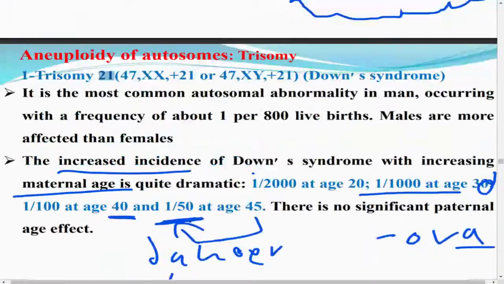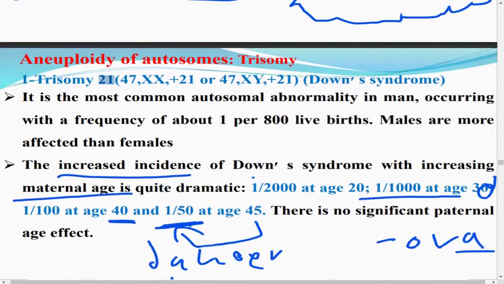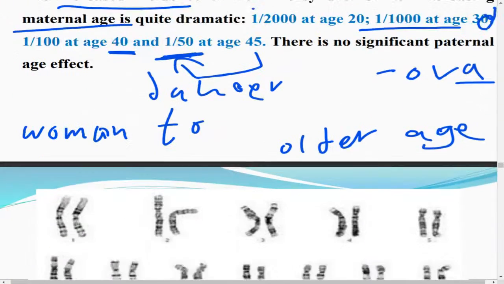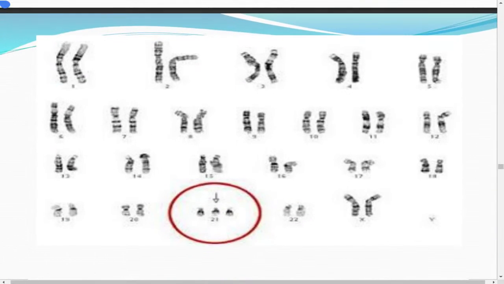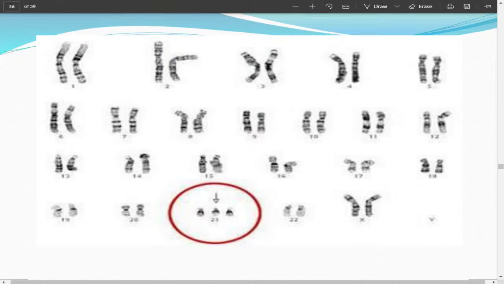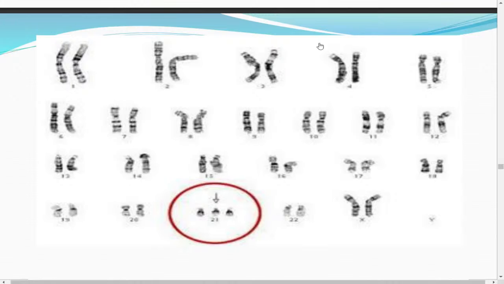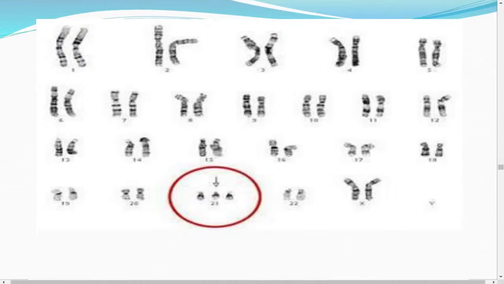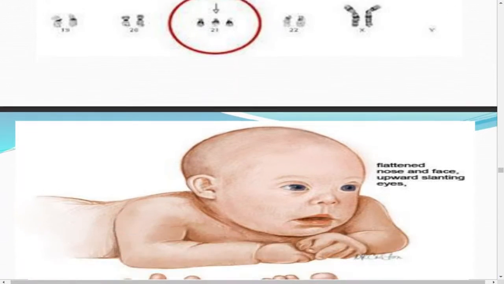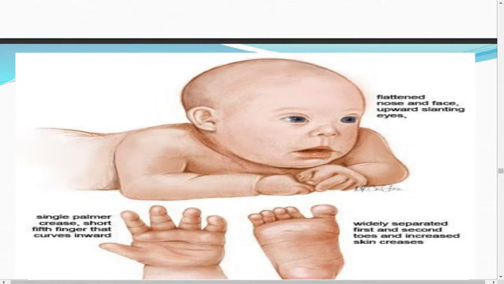Here we can see them very clearly in the other slide. In the 21 pair we can see an additional chromosome, making it not 46 but 47 chromosomes, with an additional chromosome in each cell of the human body.